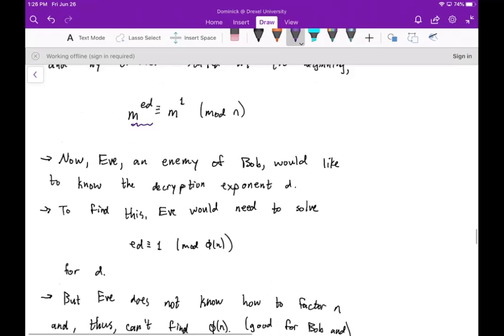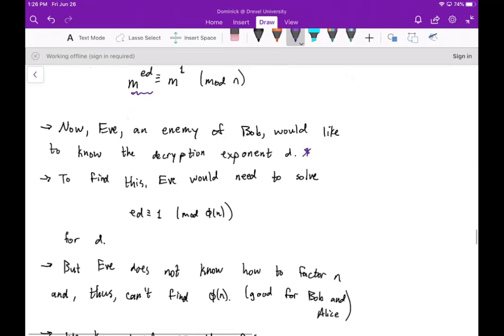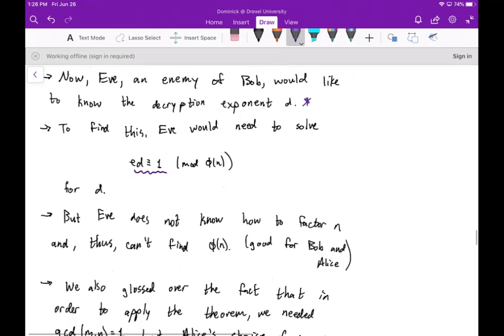So now Eve, who's an enemy of Bob, would like to know, of course, the decryption exponent d so that she can intercept the message, right? So to find this, Eve would need to solve e times d is congruent to 1 mod phi of n for d. The problem for Eve is that she does not know how to factor n, right?